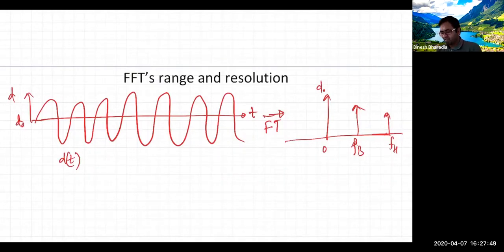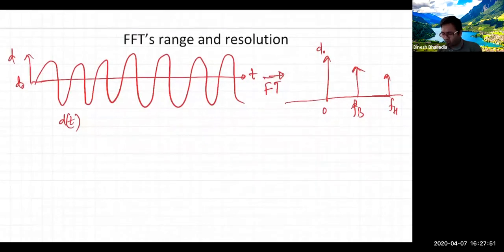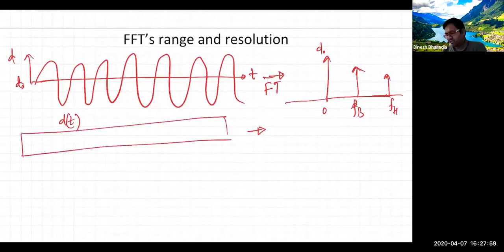Now, what happens to this process when I only look for a short period of time, from 0 to some T naught? This was infinite time, by the way, the first process. Here is what we will measure.